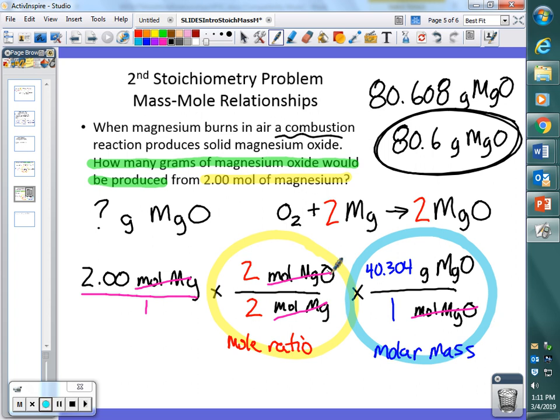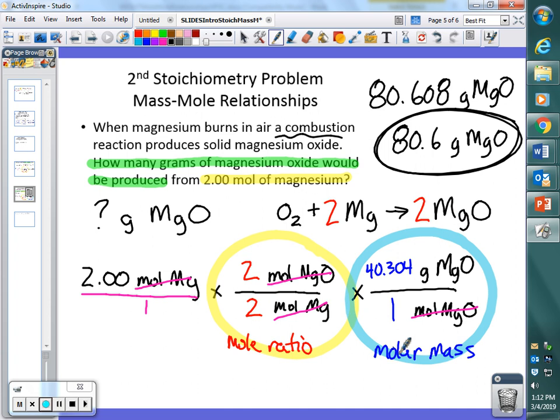That doesn't mean, individually, magnesium weighs differently than magnesium oxide. So we can't say that this is 2 grams and 2 grams because they're different from each other, right? That's why we can compare moles to moles, because it's always the same number of things.